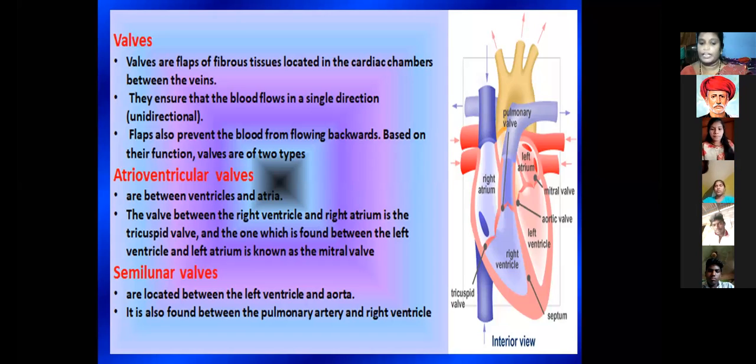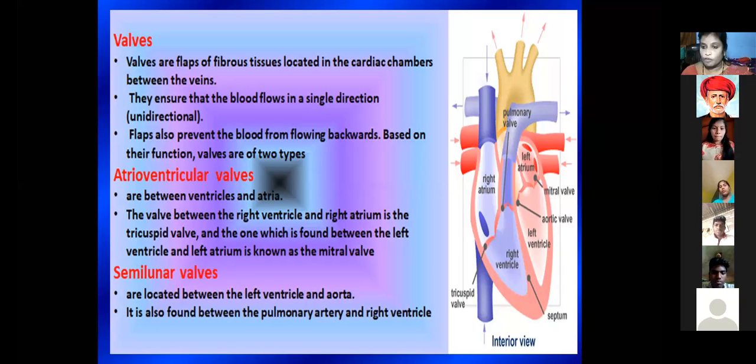And the next one is found between the pulmonary artery and right ventricle. We already know aorta and pulmonary artery are there, ma. Aorta is one of the biggest arteries. One semilunar valve is located between the left ventricle and aorta, and another semilunar valve is located between the pulmonary artery and right ventricle.